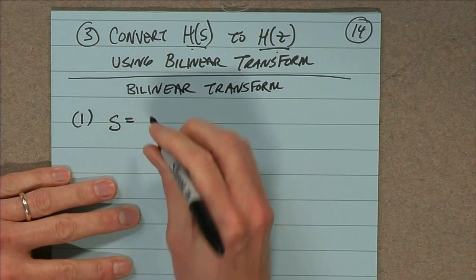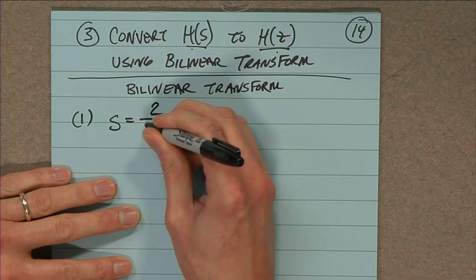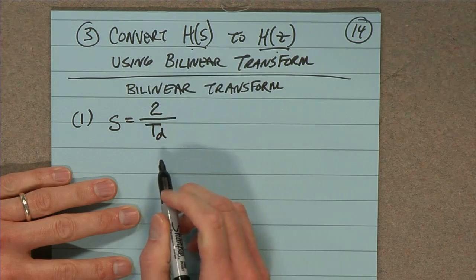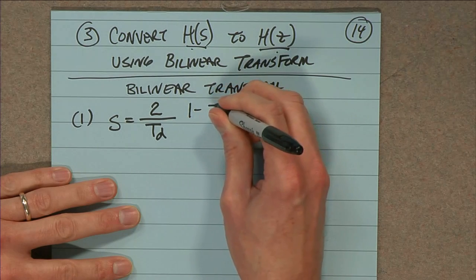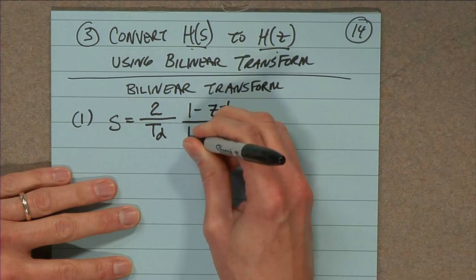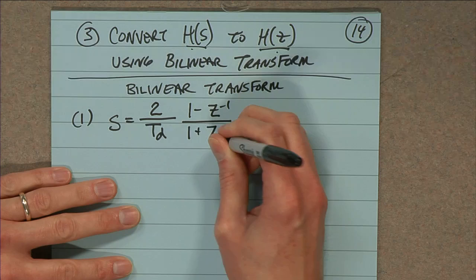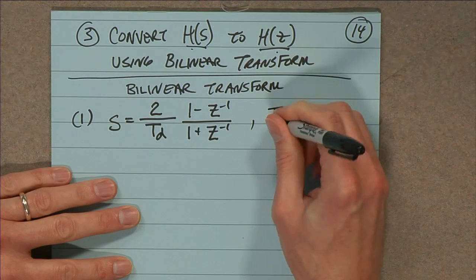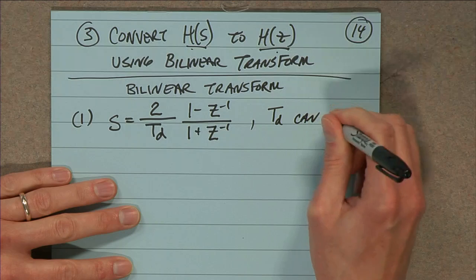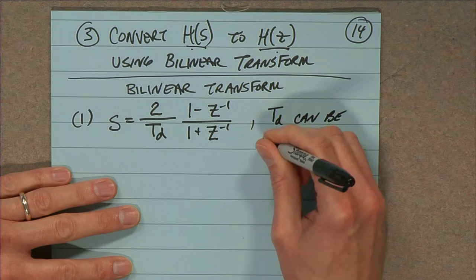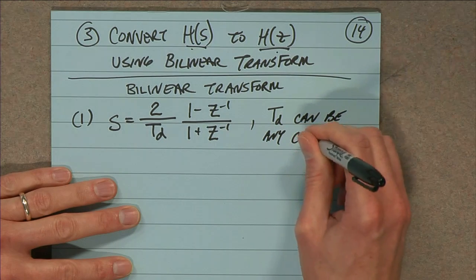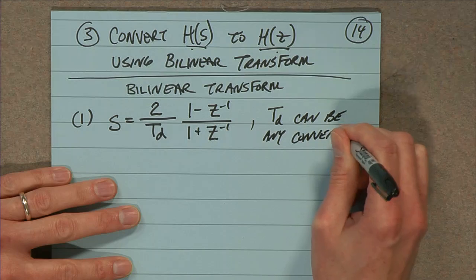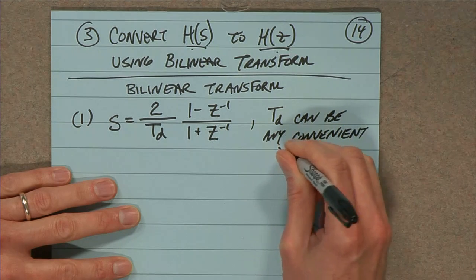S, which is continuous time, can be mapped to discrete time using this, 1 plus z inverse, where it turns out this t sub d can be any convenient value.